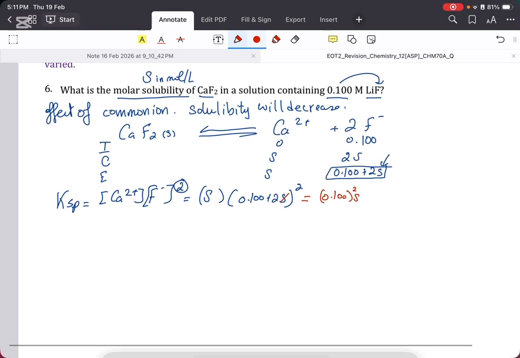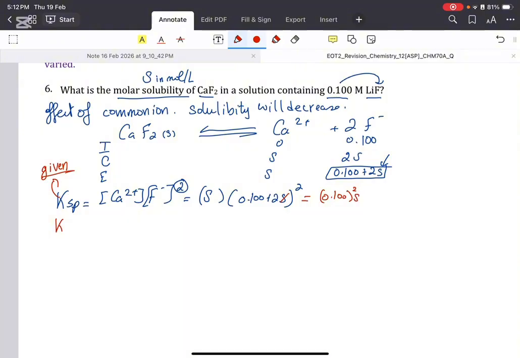Okay? Now, the KSP should be given in the question. So the KSP, I'm getting it from the answer key, but the KSP is always given. Okay? So in the answer key here, it's given as 1.646 times 10 to the power negative 10. It is equal to 0.100 squared S. So S is equal to 1.46 times 10 to the power negative 10 over 0.1 squared, and that is equal to 1.46 times 10 to the power negative 8 molar.